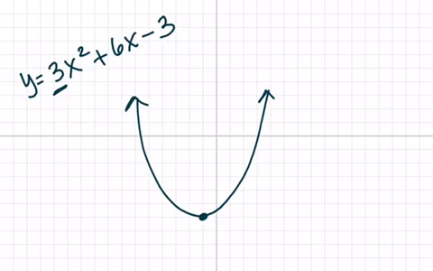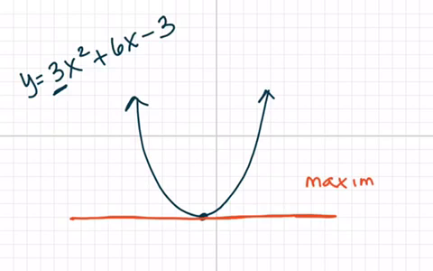Now, is this vertex a maximum or a minimum number?